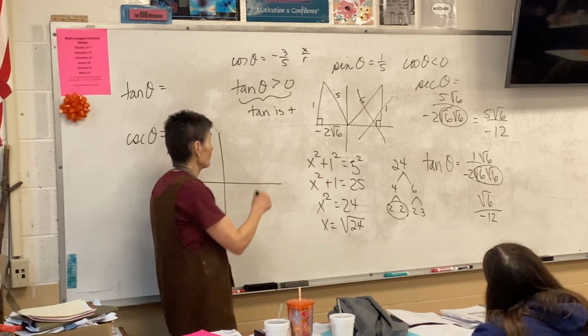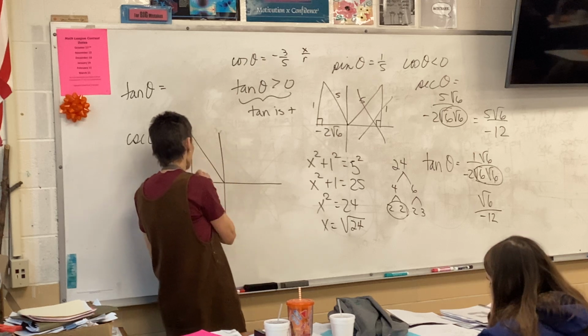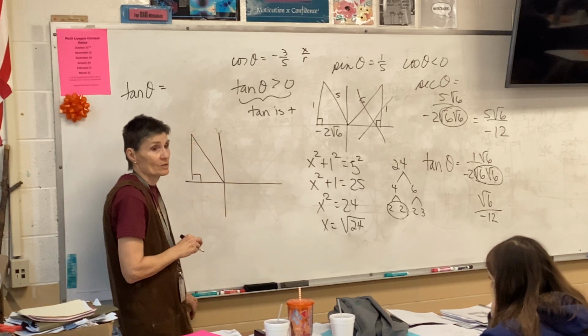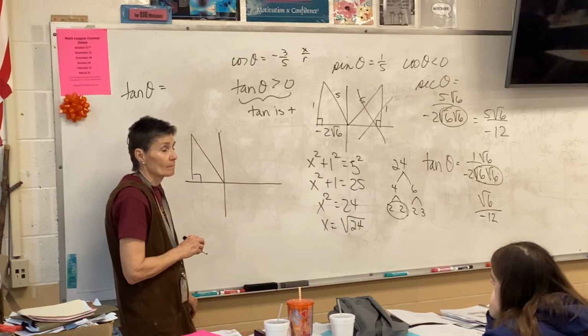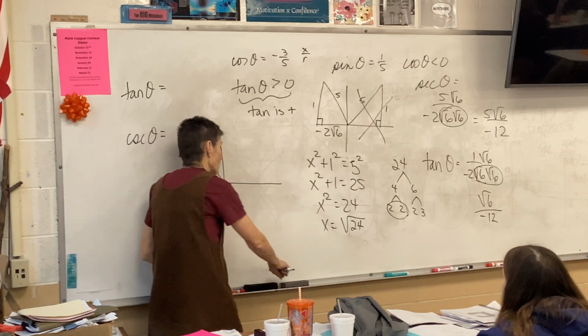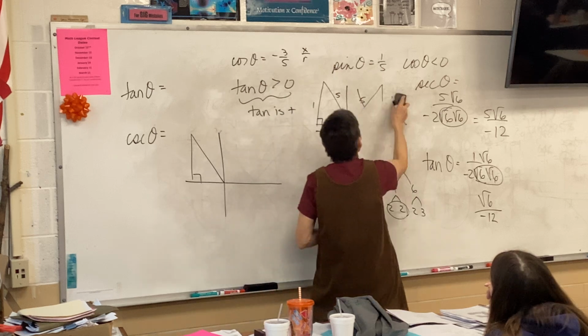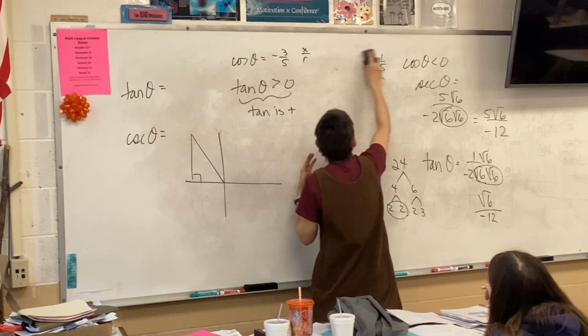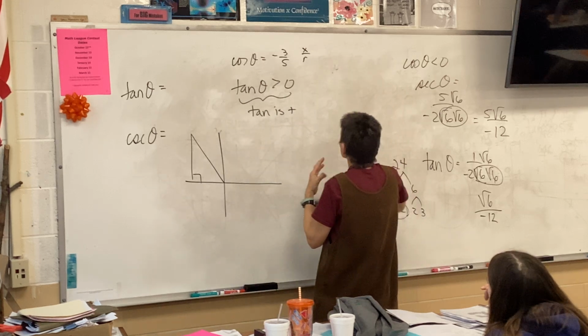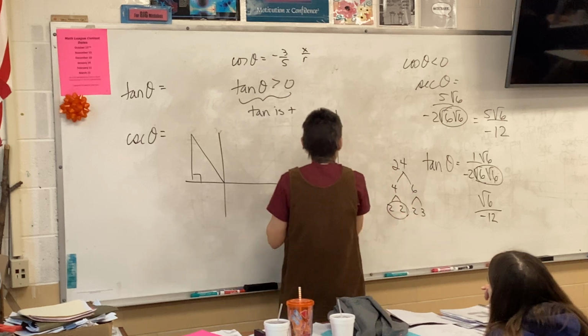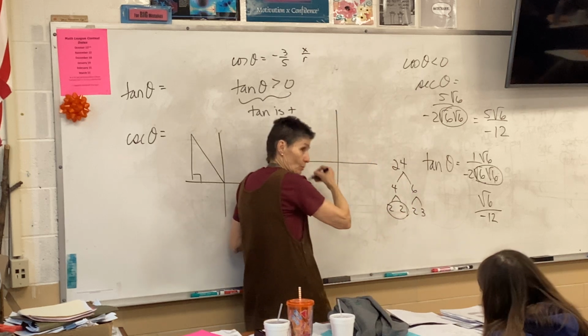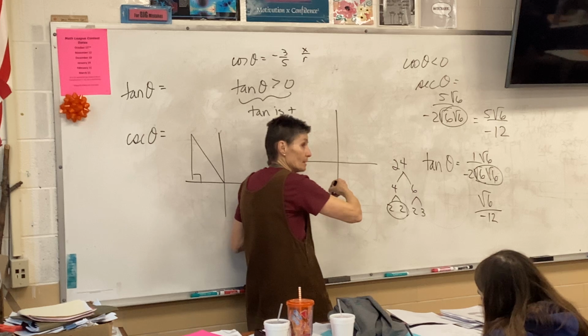What happens in quadrant 2? Is x negative anywhere else? Quadrant 3, very good. Those of you that are lost, I want you to open up your brain and think about your coordinate system.